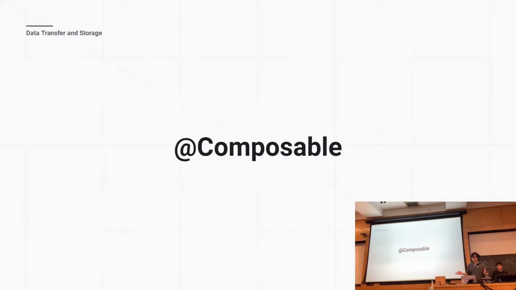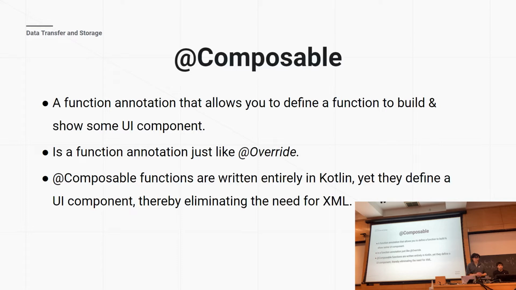So let's talk about composables. A composable is just a function annotation that allows you to define a function to show some UI components. It is similar to @override, and the composable function is written entirely in Kotlin, and therefore it eliminates the need for XMLs.